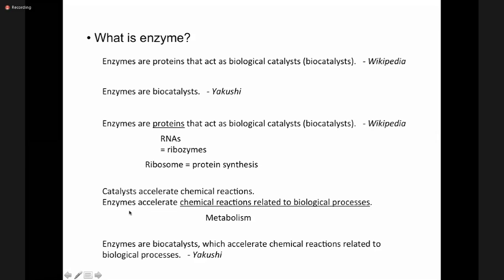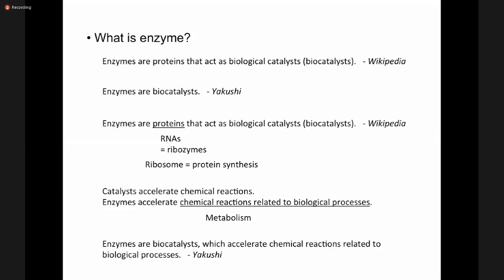So enzymes accelerate chemical reactions related to biological processes. We call such chemical reactions related to biological processes metabolism.